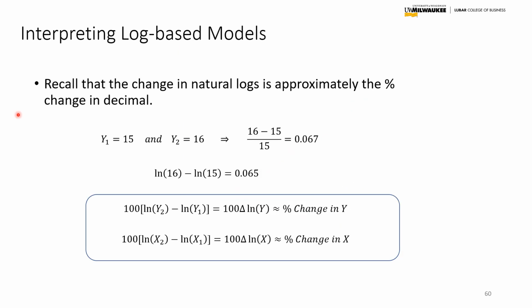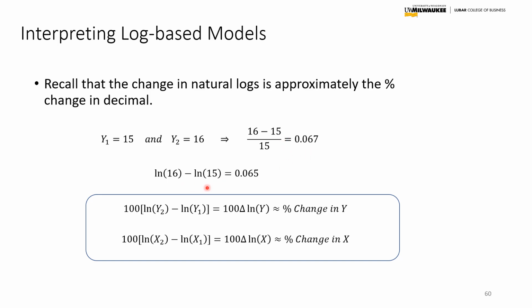Since we will so commonly log data, it's useful to talk about the interpretation of regressions based on logged variables. Recall the change in natural logs is approximately the percentage change in decimal value. So if we have y1 equaling 15, y2 equaling 16, the standard computation would be 16 minus 15 over 15, and that would be 0.067.